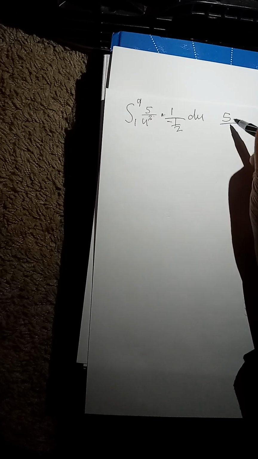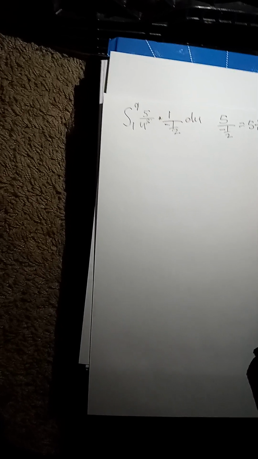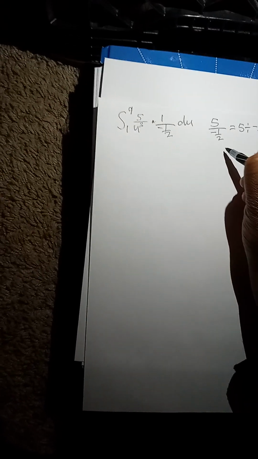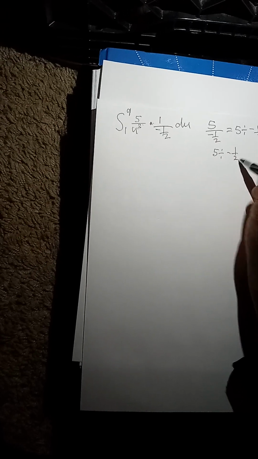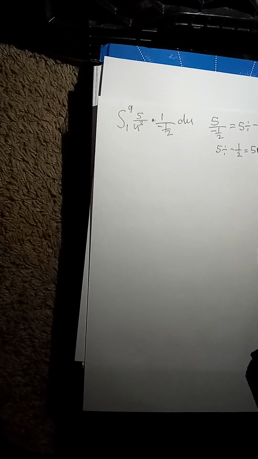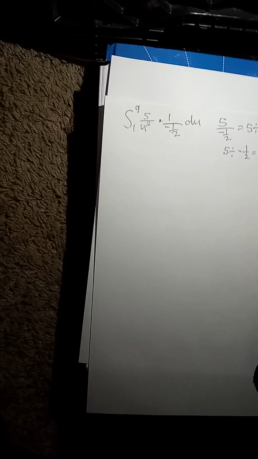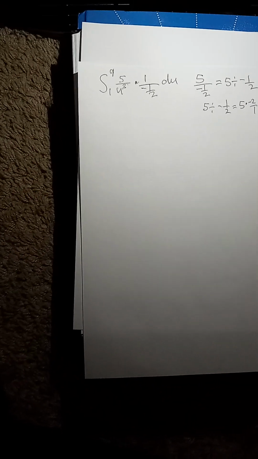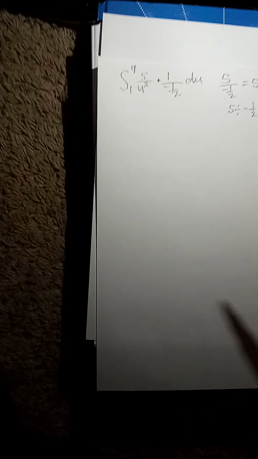So 5 divided by negative 1/2, we want to multiply by the reciprocal, so 5 times negative 2 over 1 equals negative 10. And so 5 divided by negative 1/2 can be rewritten as negative 10.